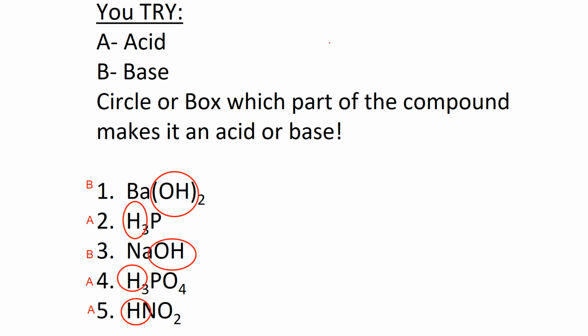So we talked about water earlier. If I write it as H2O, what would you think of it as? An acid. I can also write water as HOH, and it becomes a base. All right.